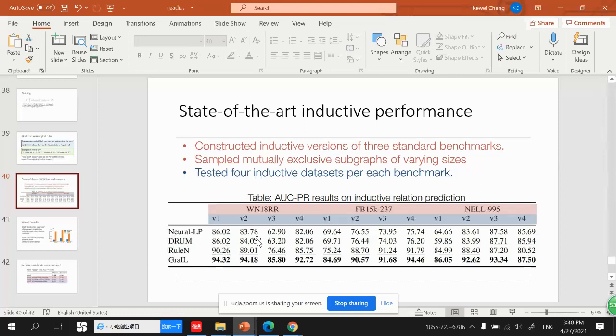So basically they just use the soft rule to predict the link, and then they use the performance of the link prediction to evaluate the quality of the rule indirectly.